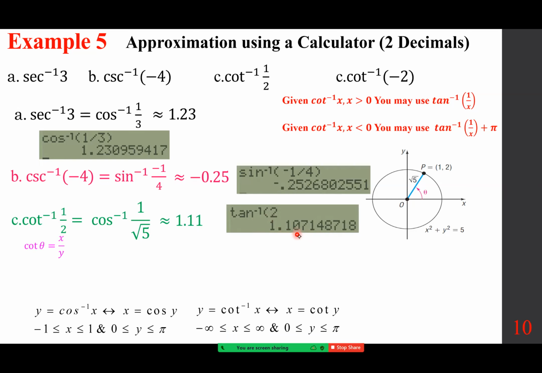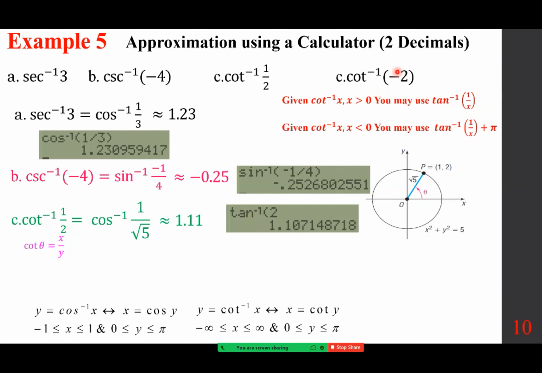Next to it is 7. We take it up to 1. That's how we get to 1.1. So I want to repeat this. Cotan inverse, we don't have it on a calculator. So we stick with cosine inverse or tan inverse. If it's positive, you can go with tan inverse. It's faster and easier. If it's negative, it will not give you the correct answer.